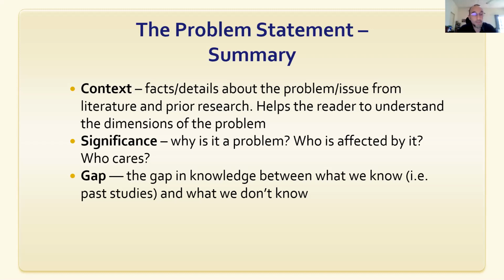And often the best place to get these kinds of gaps are in either articles or previous theses where they make recommendations for future research. And you can even reference those, especially since everybody loves systematic literature reviews nowadays. The best way to make use of a systematic literature review is to go to its recommendation section. These people have done a great service for us.